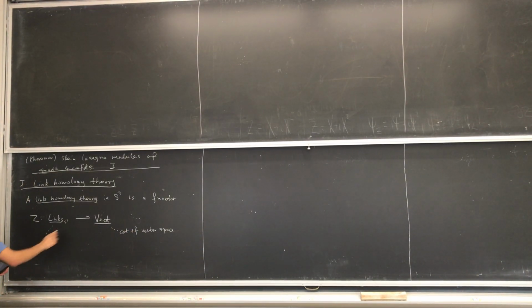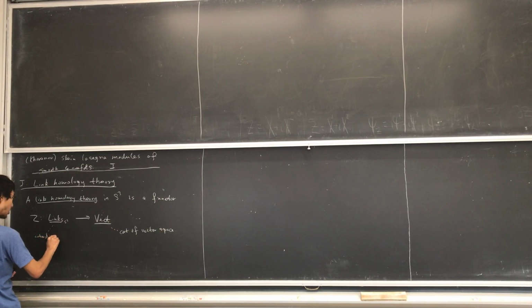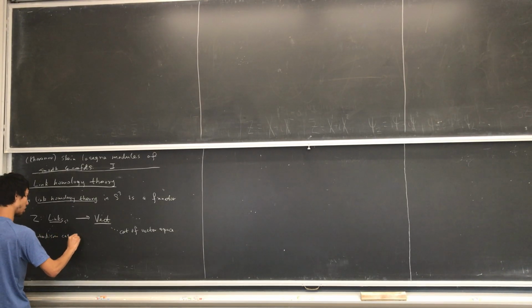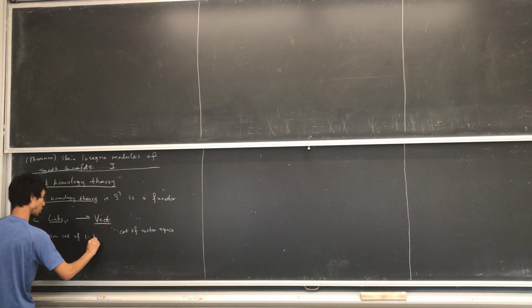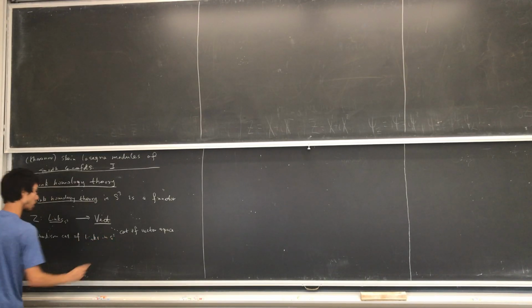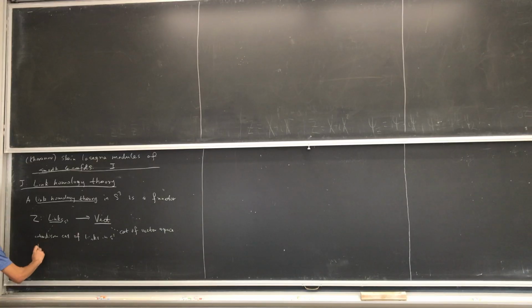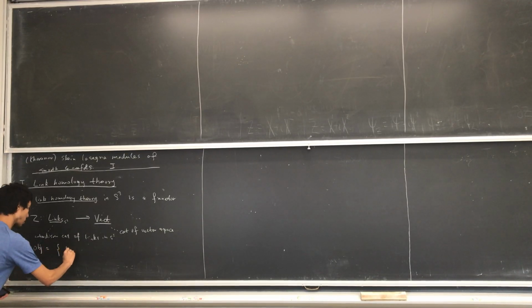And Links S3 is the cobordism category of links in S3, which has objects given by links in S3.